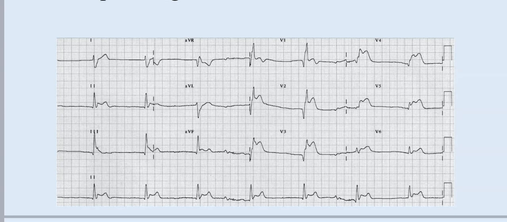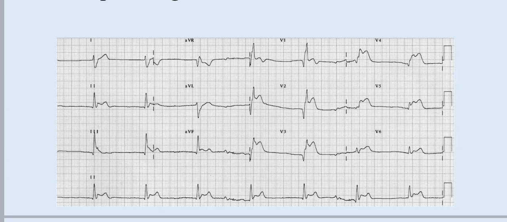Troponin is 0.2, 0.3, but when you do echo, all the segments are akinetic and there is massive ballooning at the apex. You expect that the troponin goes to 5, 6, 10, 8, 9, things like that. But it's just a humble elevation in troponin. That's a tip-off. Again, this is a flimsy sign you cannot rely on heavily, but it tells you.